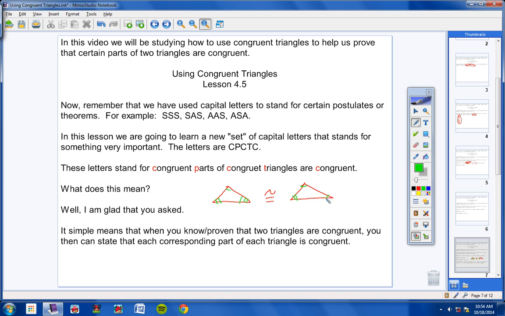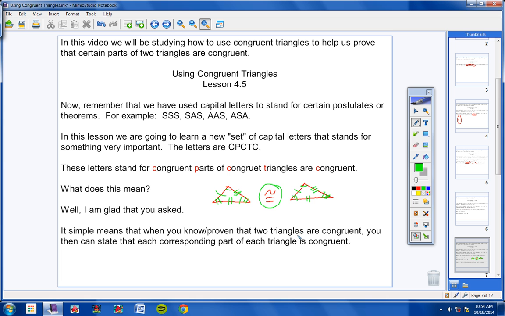I'm not going to go through everything. I'm just going to put quick marks on them if I can get my pen to work here. Okay, so it is kind of common sense that when two triangles are congruent, you then know that all of their parts are congruent.